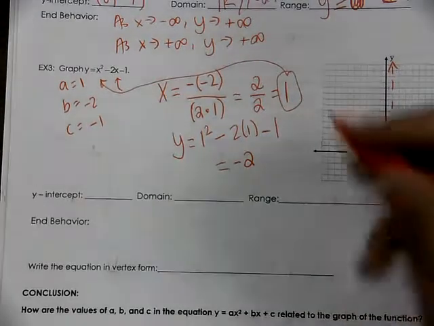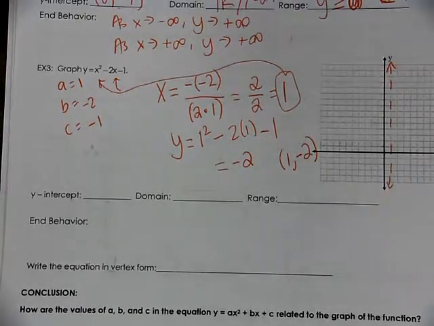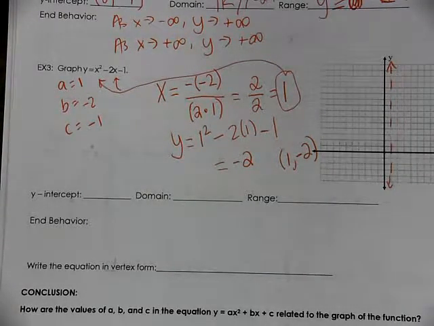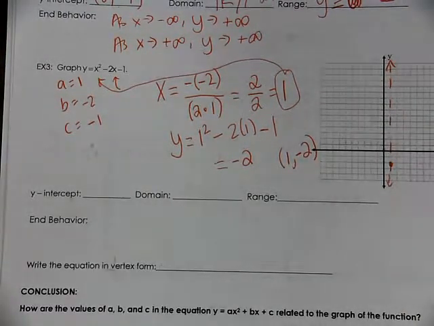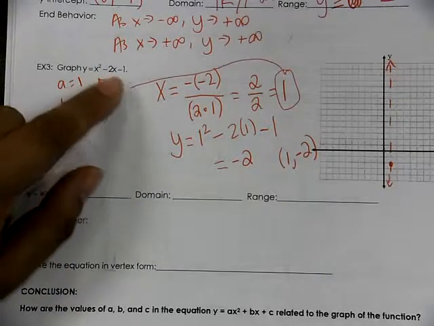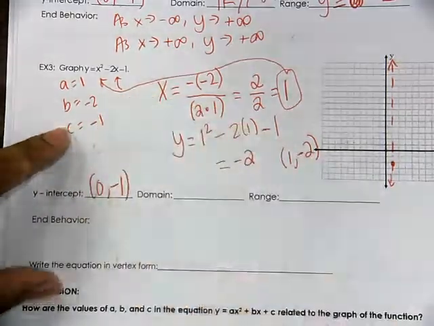And you can use a calculator for that. So the final vertex here to plot is 1, -2. So come over to your graph, plot that vertex. All right, the next point is always your y-intercept when you're working with standard form, which is the c value, -1. So the y-intercept is just 0, -1.